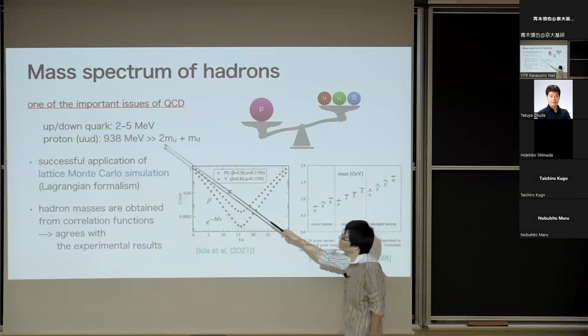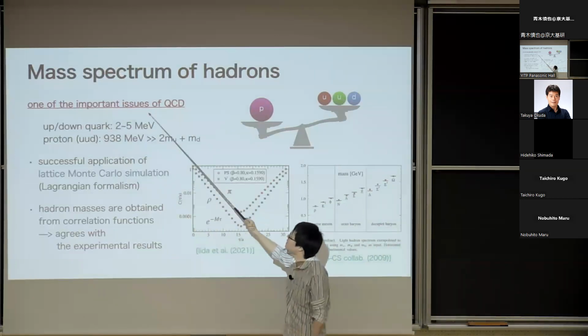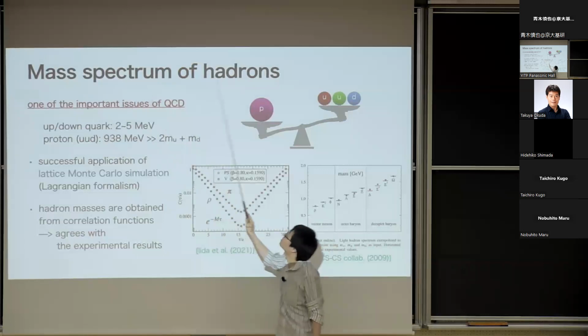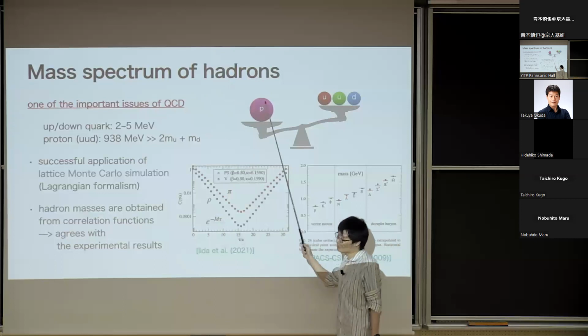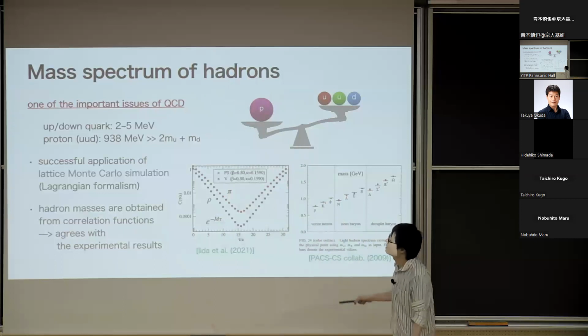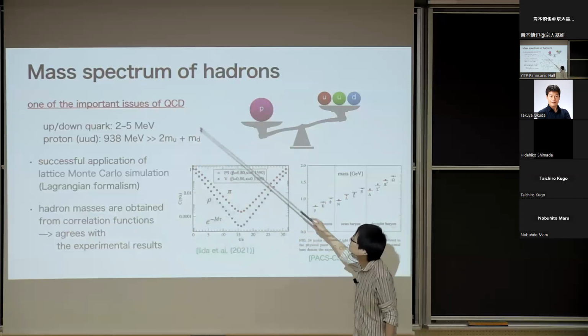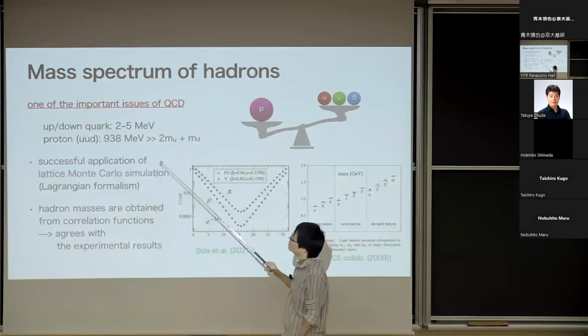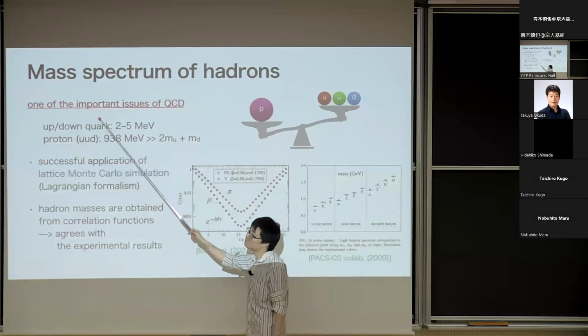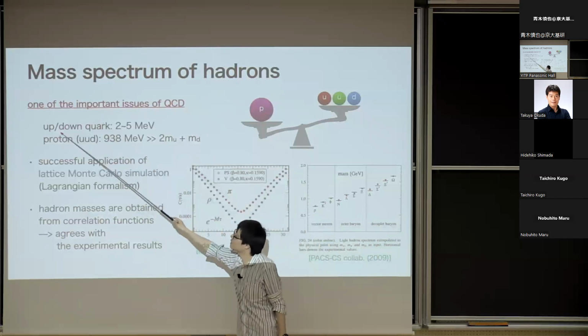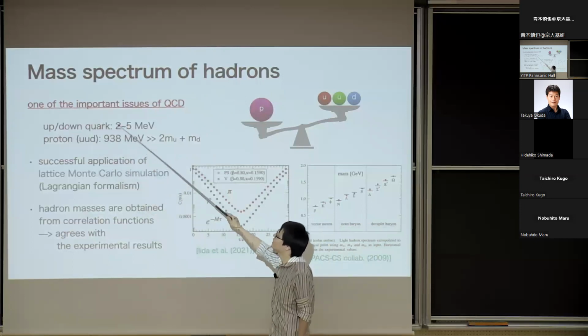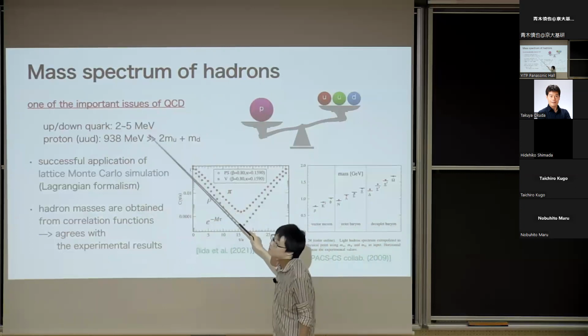One of the important issues of QCD is the mass spectrum of hadrons. Hadrons we can see in experiment are composed of quarks, for example up or down, and the up quark and down quark masses are roughly a few MeV.